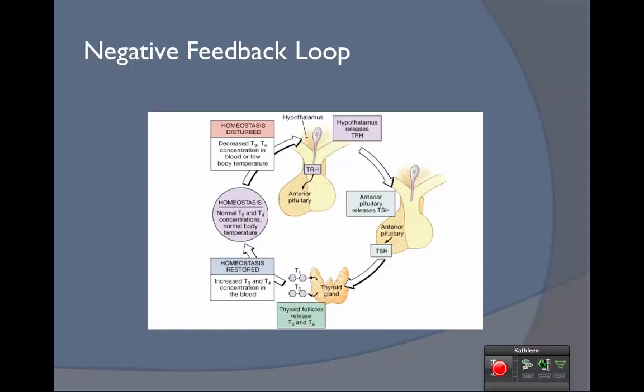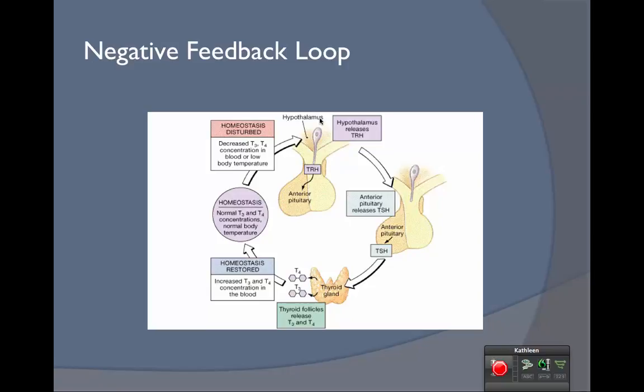The negative feedback loop, this is like a good review in pathophysiology. It's a wonderful map. When we talk about the negative feedback loop, we're actually talking about the hypothalamus, which is in the brain.